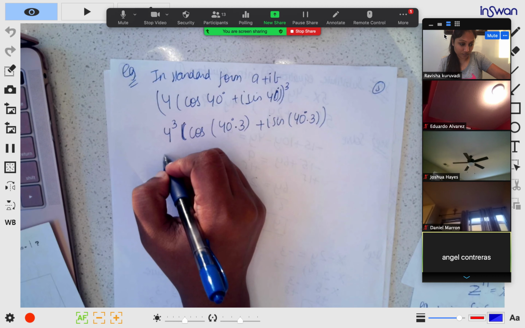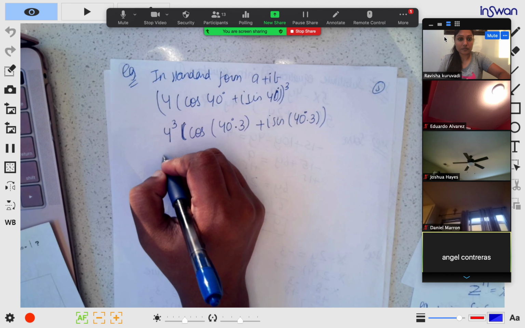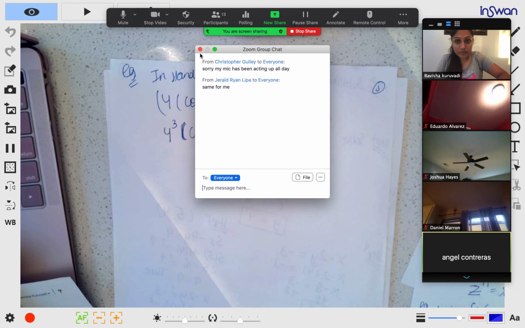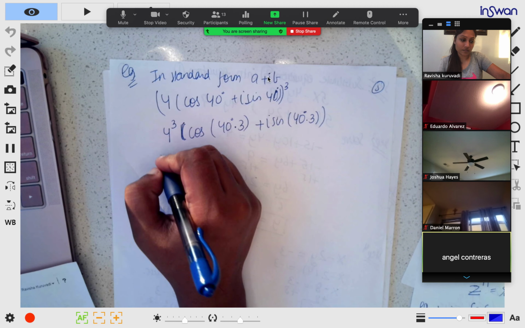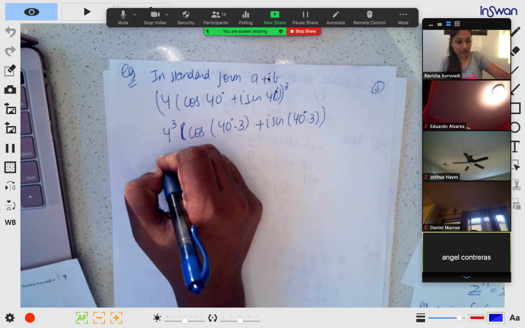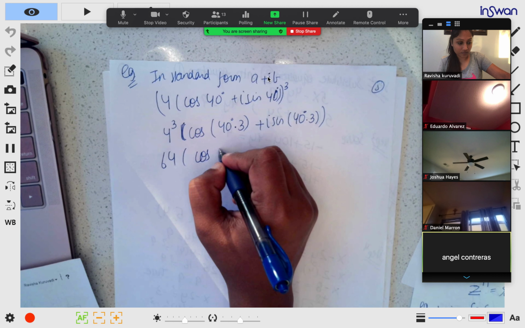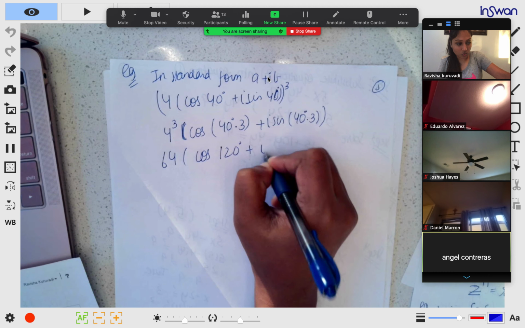Oh, then it becomes 64 cosine 120 plus I sine 120.